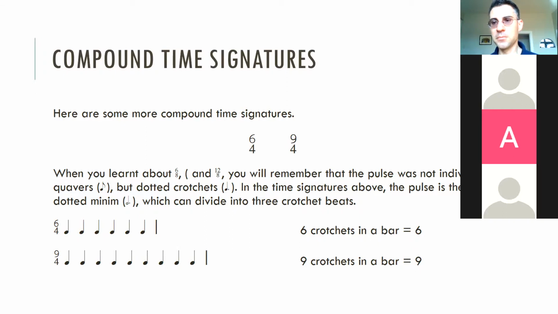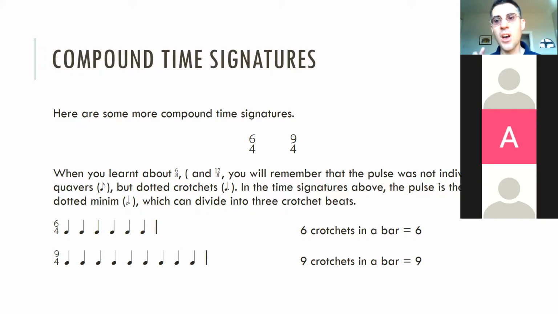Which type of note? Crotchets. Crotchets, correct. Okay, so that would indicate that if it's 6/4 time, we're dealing with 6 crotchets in a bar. If it's 9/4 time, we're dealing with 9 crotchets in the bar.